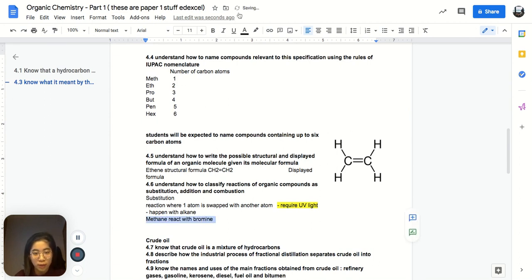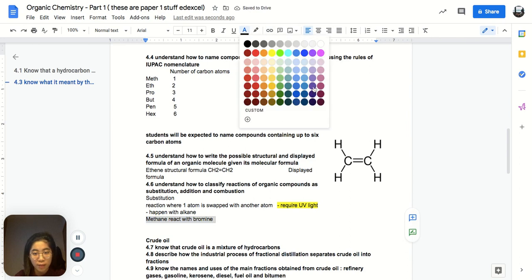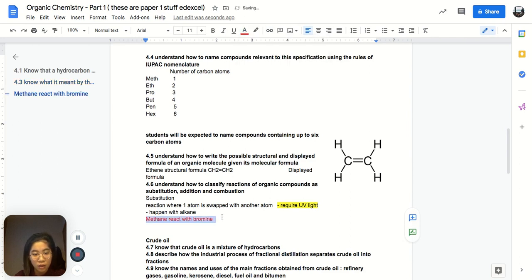And that's really one of the most famous examples of substitution. And an example would be, they will always ask you what it requires to have this reaction.